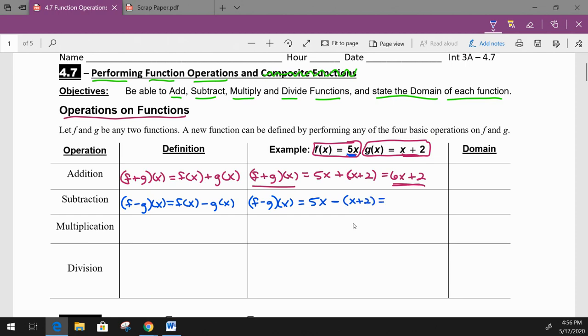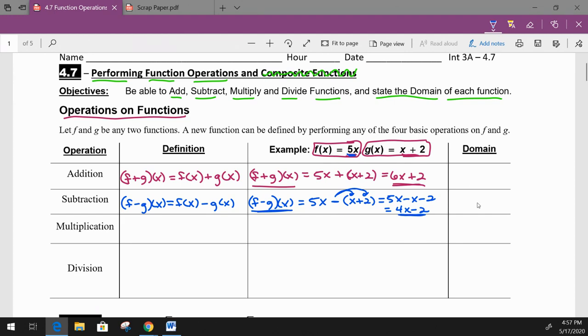Now be careful when you are subtracting that you distribute the negative, because that's going to change the signs. So we would actually have 5x minus x minus 2, which would then simplify to 4x minus 2. So this f minus g of x is now 4x minus 2.